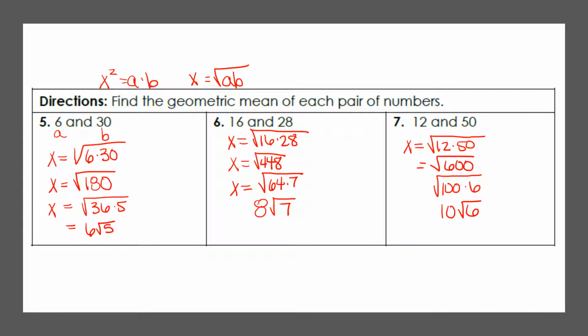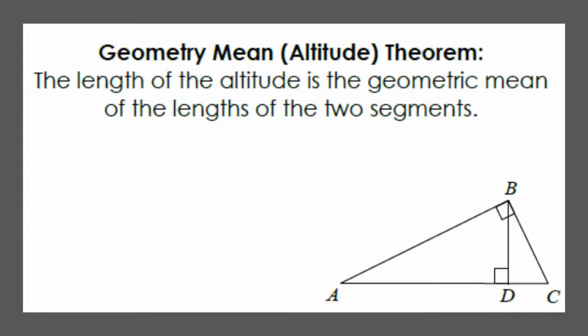We are going to use this geometric mean to find either missing altitudes or missing parts of triangles. So the geometric mean altitude theorem says that the length of the altitude is the geometric mean of the lengths of the two segments.